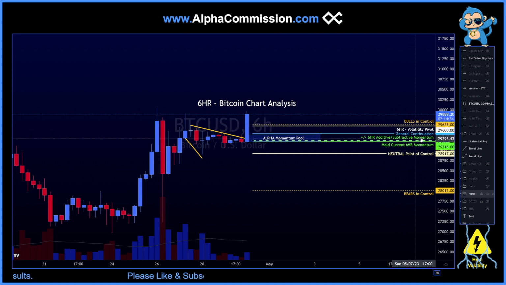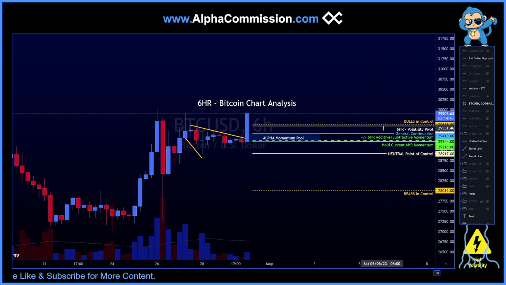Now that should come up a little bit, so probably just conservatively you can say 29,635. But we're really splitting hairs there. That kind of $29,600 area is what you want to be looking for.